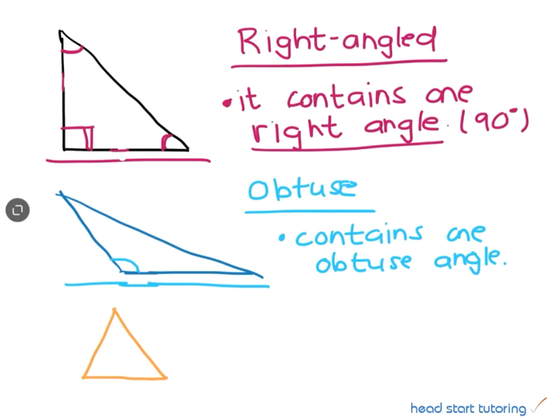Right, so remember, an obtuse angle is an angle that is greater than 90 degrees.